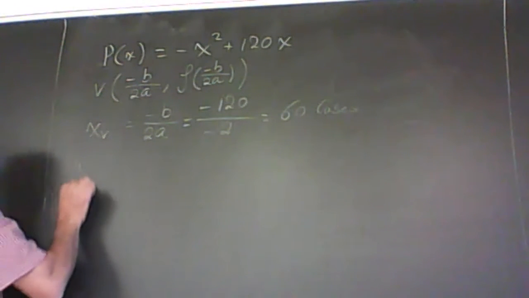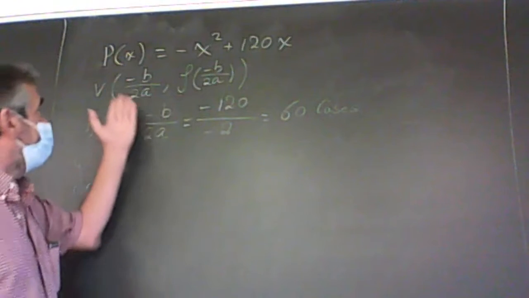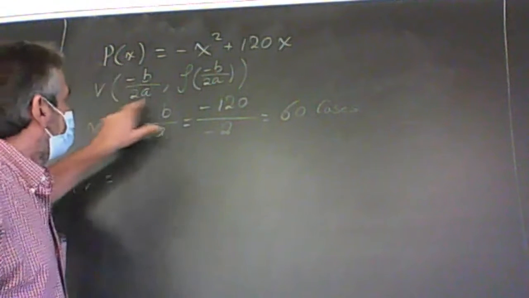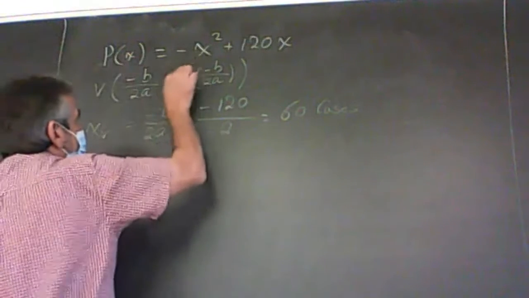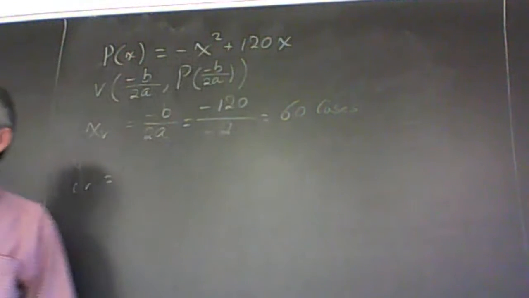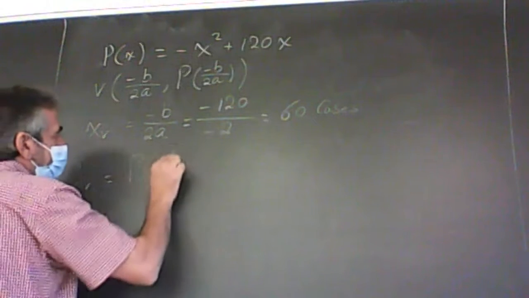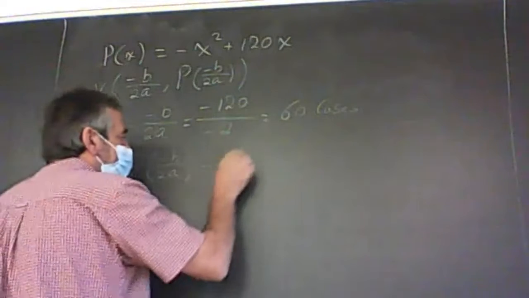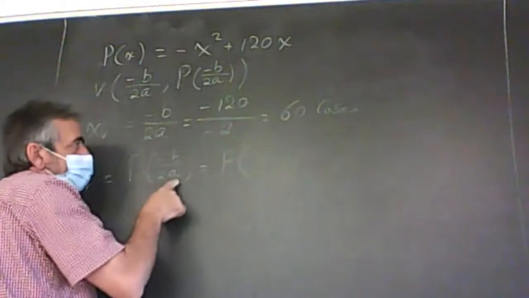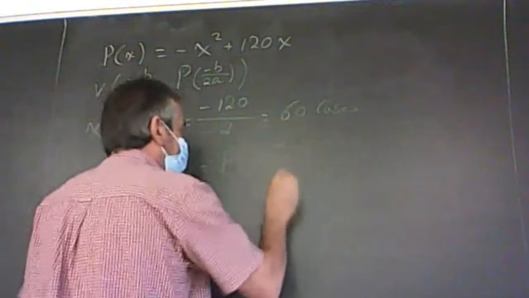Now the y value of the vertex would be simply evaluating the function. I put f in here, I should have put p because we have a p function. So let's put p in there. Evaluating the function p at minus b over 2a, we determined it is 60.